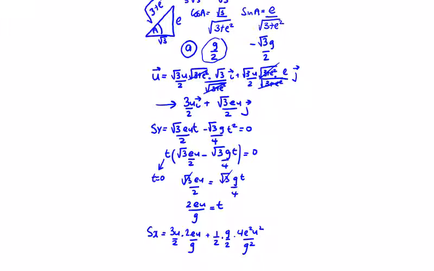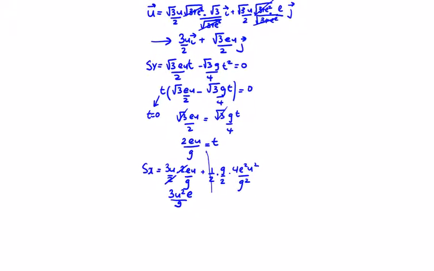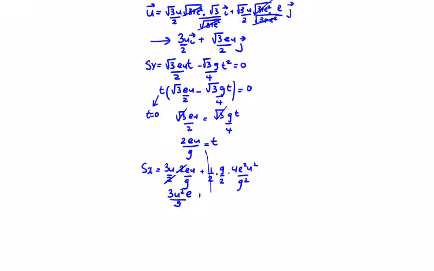So tidying up the first one, I'm going to have 6u squared e, oh, I can cancel out the 2's, I'm going to have 3u squared e over g, and then tidying up the second one, the 2's will cancel with the 4, the g cancelling with the g, and I'm going to have e squared u squared over g.